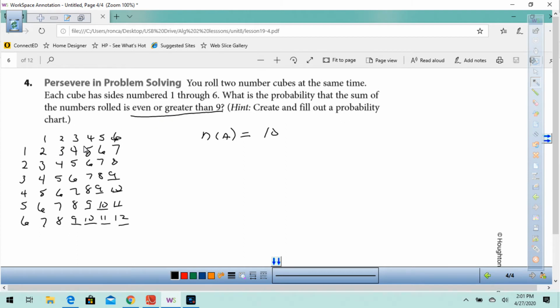And in total, that's 36. Number in the sample space is 36. Even or greater than 9. 1, 2, 3, 4, 5, 6, 7, 8, 9, 10 over 36.